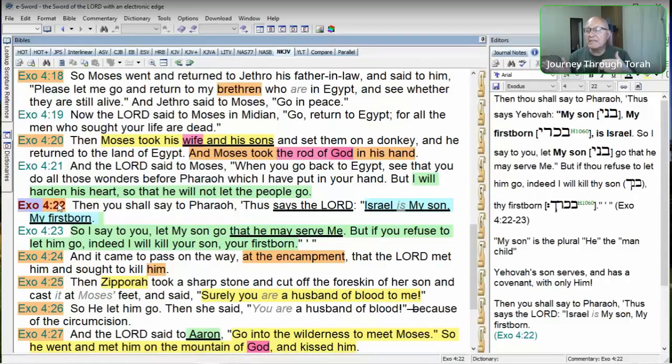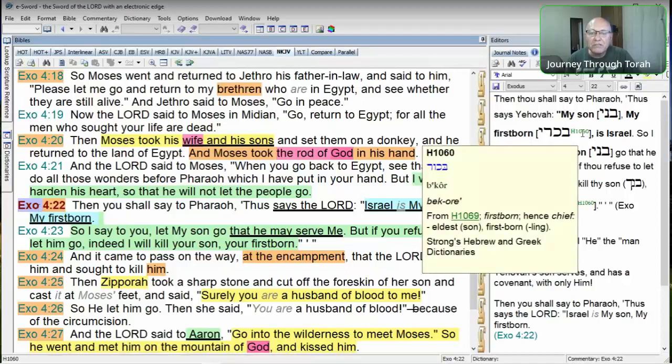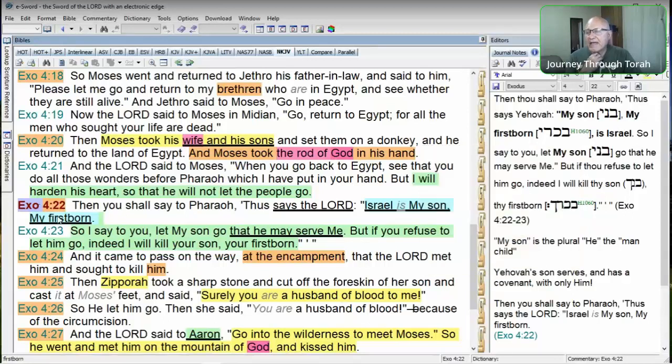Israel is my son, my firstborn. Two things. Son is talking about a male. Bekor, the firstborn, Bekori is the word that's being used here. That is a firstborn male. And he says, so I say to you, let my son go that he may serve me.